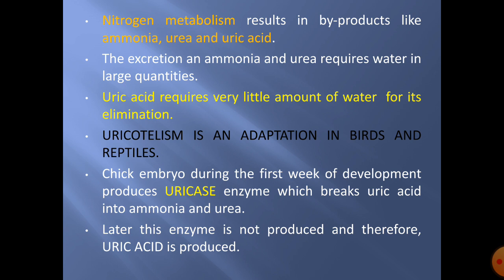But in the later days of development, this enzyme is not produced, and therefore they produce uric acid as the major nitrogenous waste product, which is stored temporarily in an extraembryonic membrane called allantois.